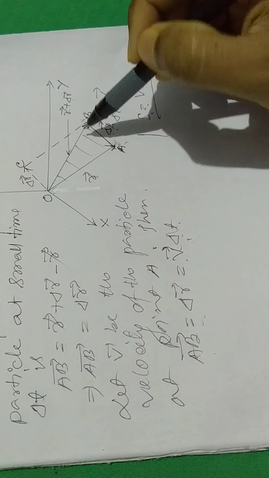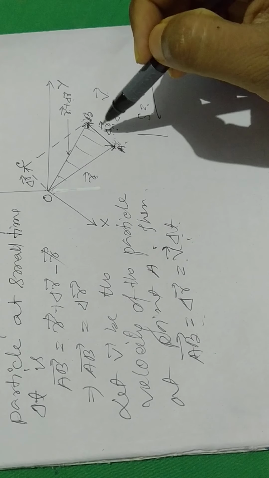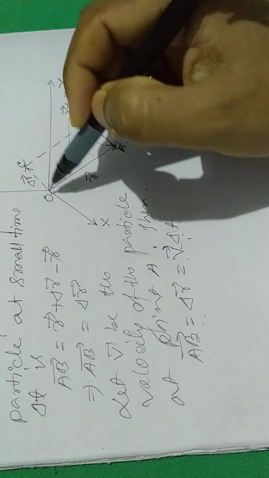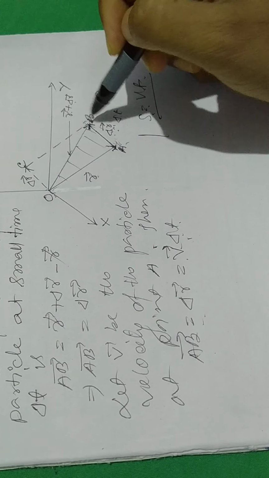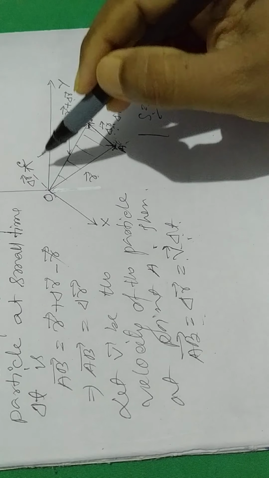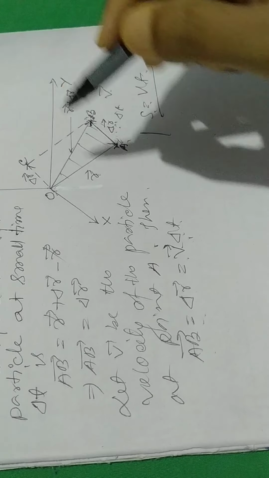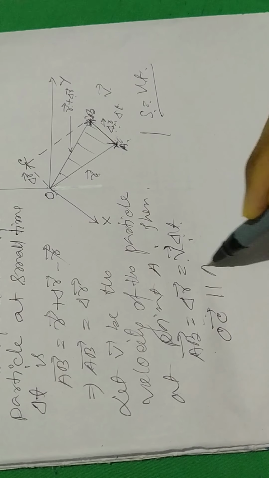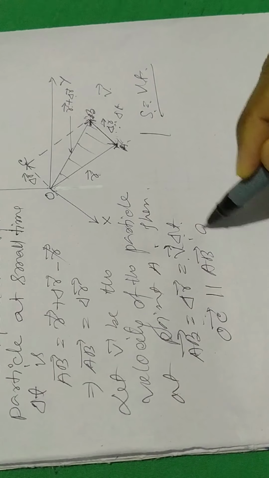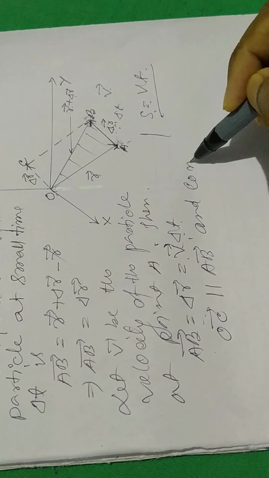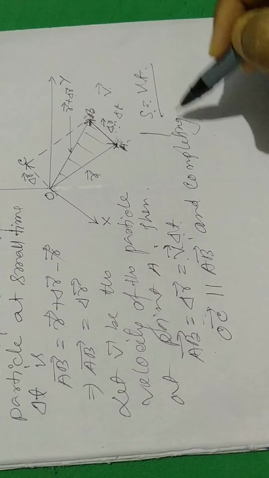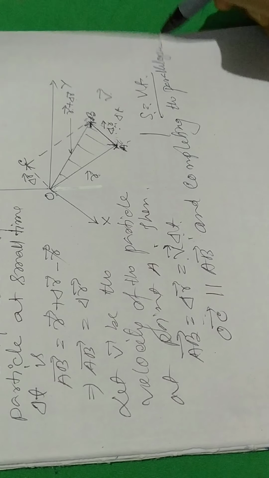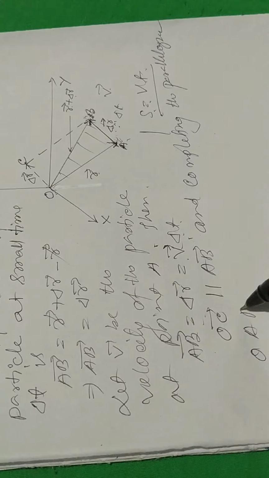Now we have drawn a parallelogram. OC is drawn parallel to AB, completing the parallelogram OABC.